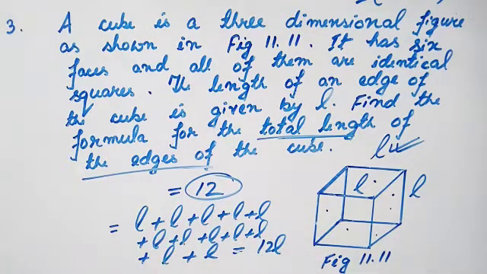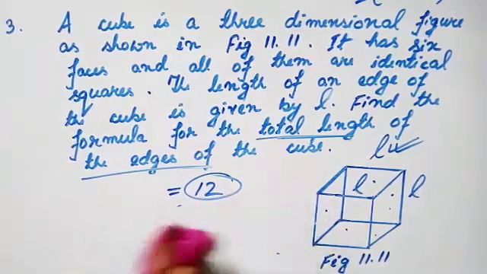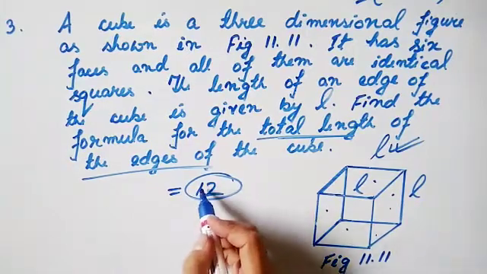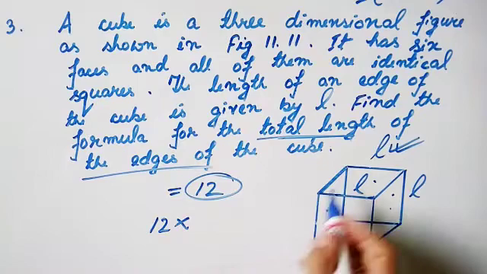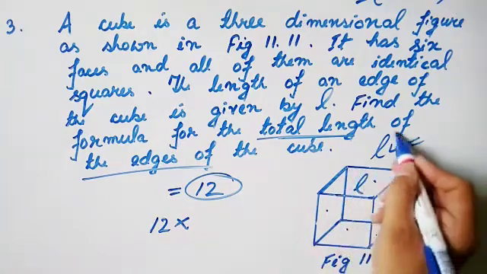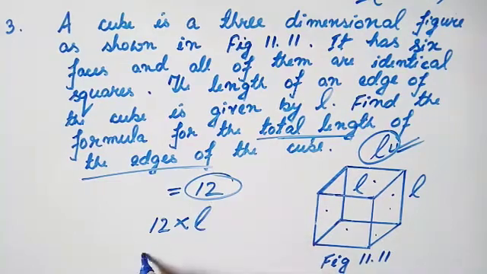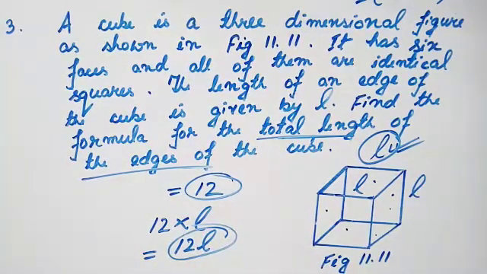So instead of adding, you can solve it another way. How many edges are there in a cube? 12 edges, right? So 12 times. And what is the length of one edge of the cube? It is given by L, right? So 12 times L. So we will get the same answer, that is 12L.